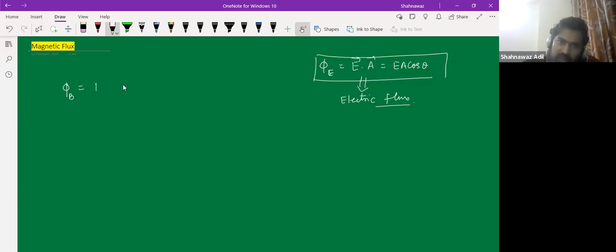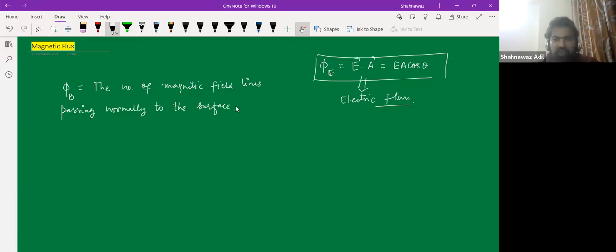So the number of magnetic field lines passing normally through the surface is what we call the magnetic flux. This is again taking the analogy from electric flux.